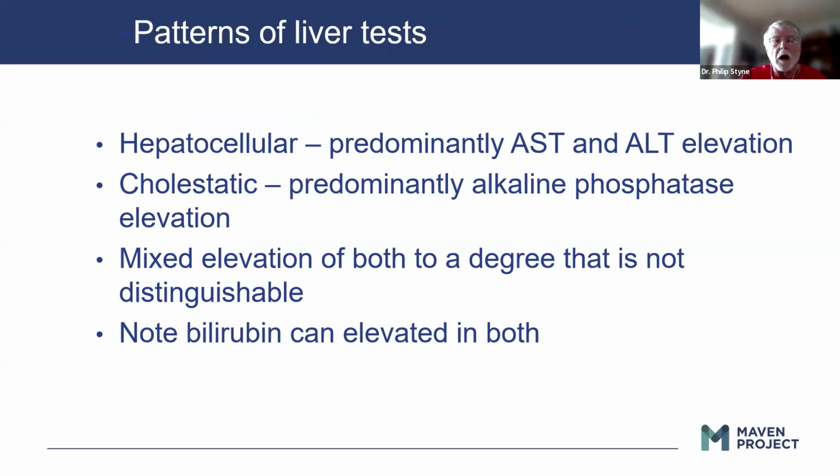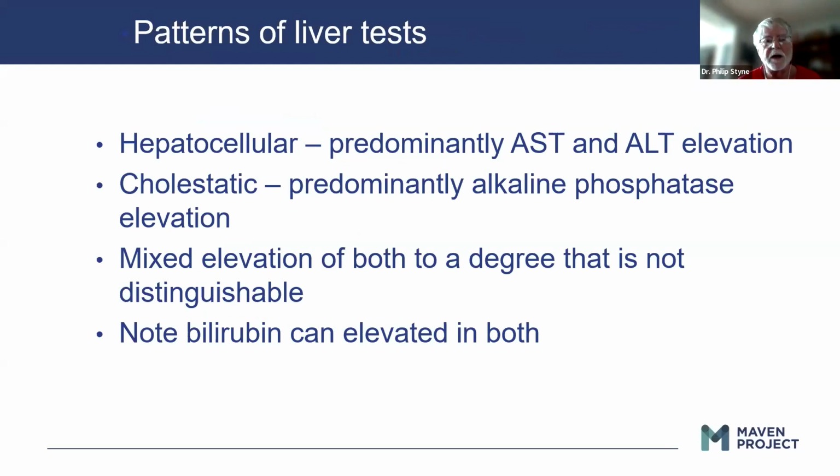Okay, so there's a lot made about patterns of liver injury, hepatocellular versus cholestatic. Sometimes it can be very helpful to divide it up. For example, viral illness almost always causes hepatocellular disease, except when it doesn't.